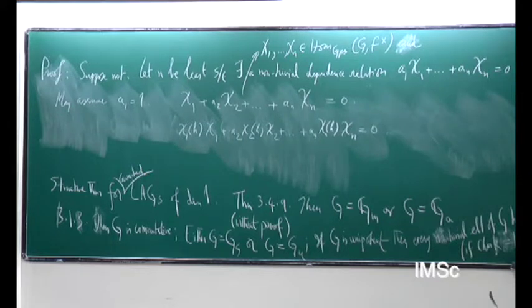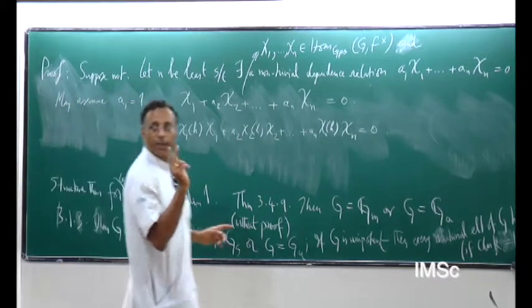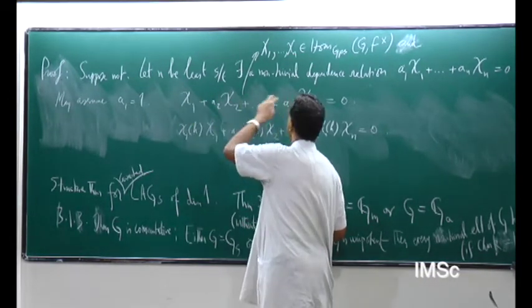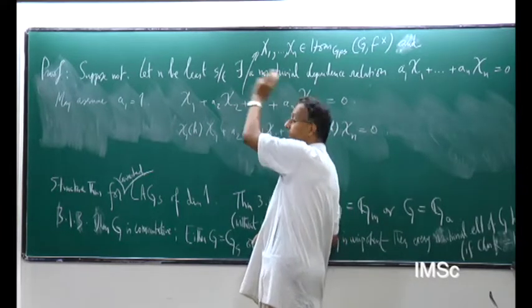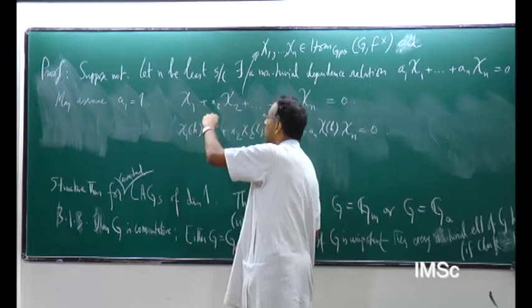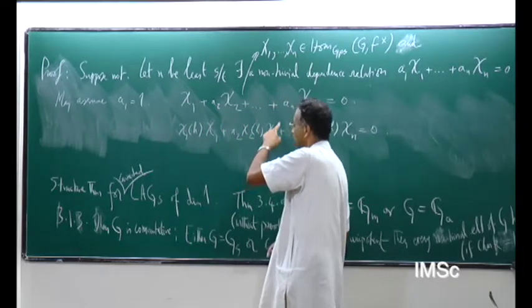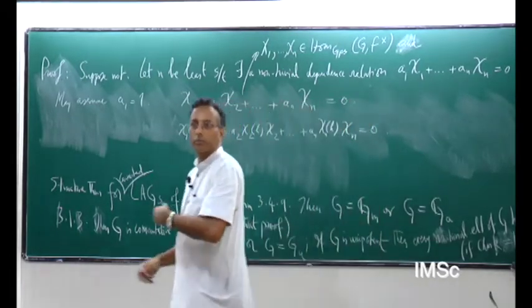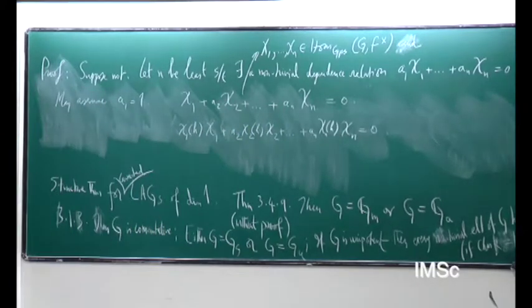What I have done is evaluate the first equation on gh. Put gh everywhere; this you can write as chi1 of h times chi1 of g, a2 chi2 of h chi2 of g. But then g is general, so I pulled it out and can erase the g. That's all I have done. This is true for every h.